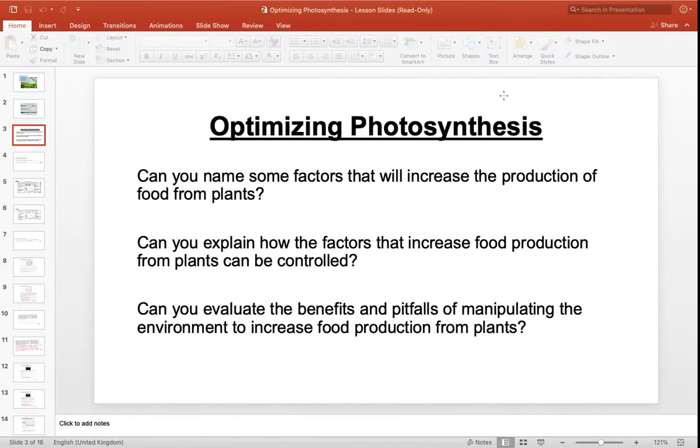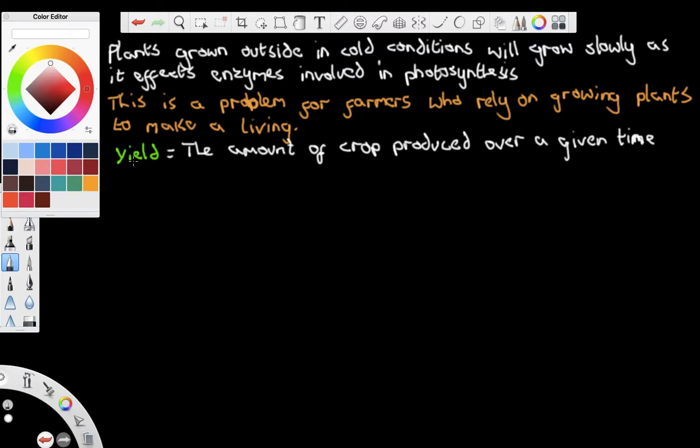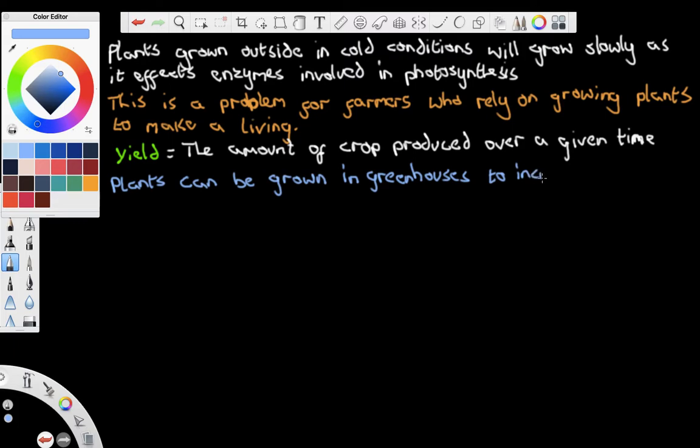Now I can't remember if I've put an image on the PowerPoint, I haven't, but plants can be grown in greenhouses to increase their yield. So we can say that plants can be grown in greenhouses to increase yield.